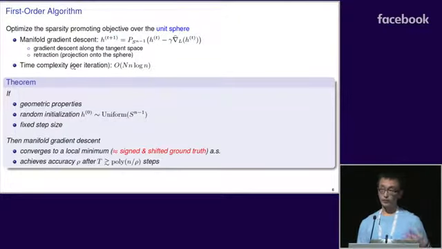We show that given the geometric properties, and simply using random initialization and fixed step size, manifold gradient descent can converge to a local minimum, which again will be a signed and shifted version of the ground truth. And we achieve very high accuracy after a polynomial number of steps.